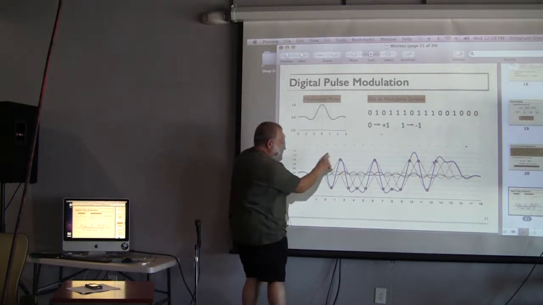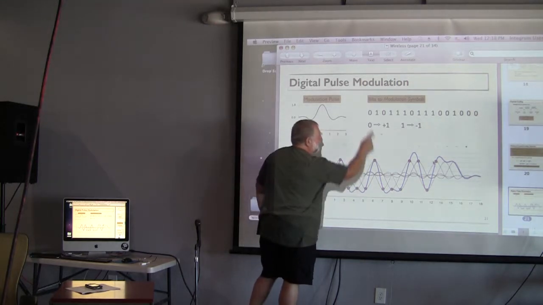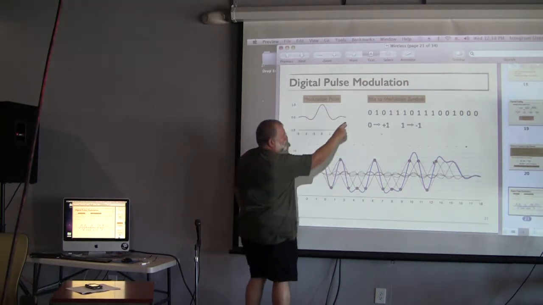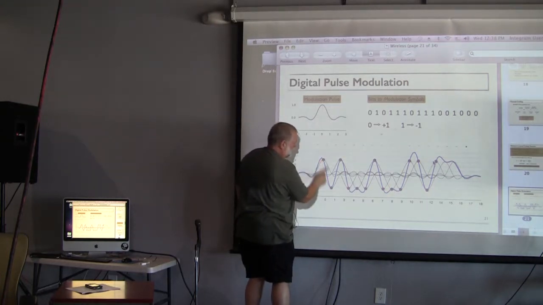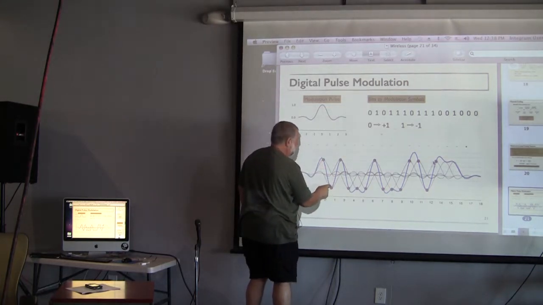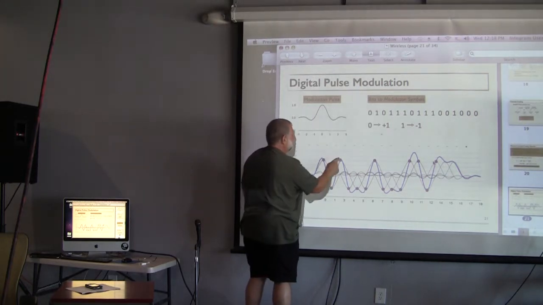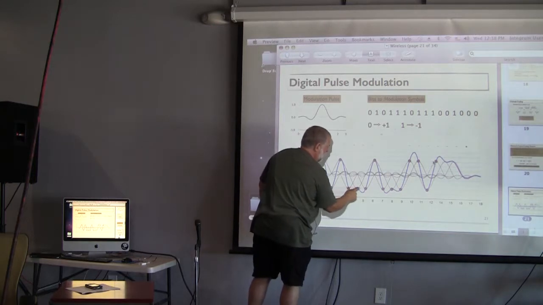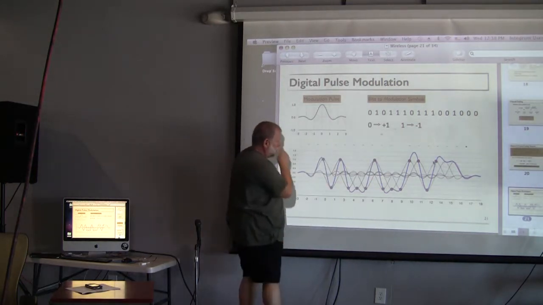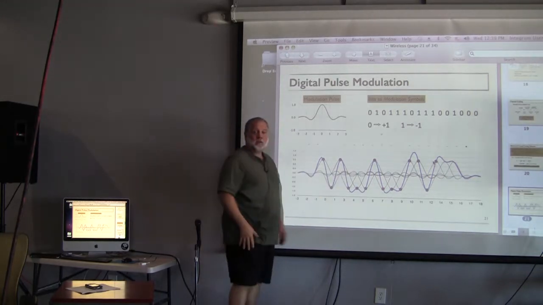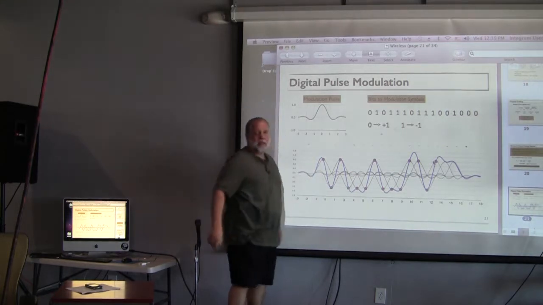So the idea here is what do I have? 0, 1, 0, 1, 1, 1. A 0 is a +1, a 1 modulates to a -1, and so on. You modulate each one of those pulses, and you add them all up, and that blue line is the signal that you get.